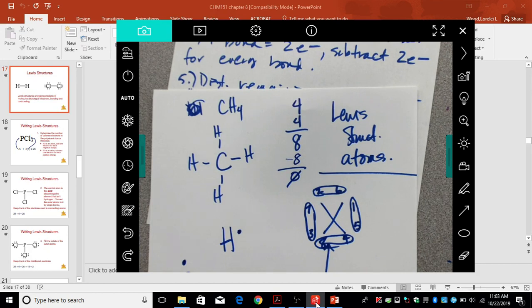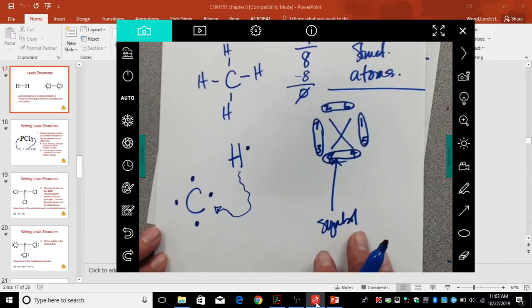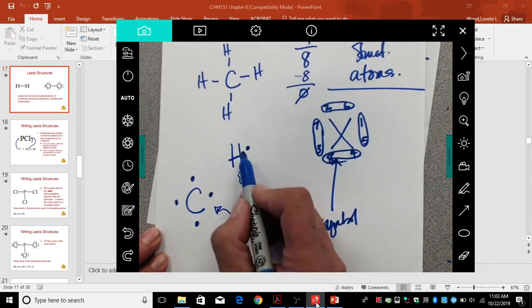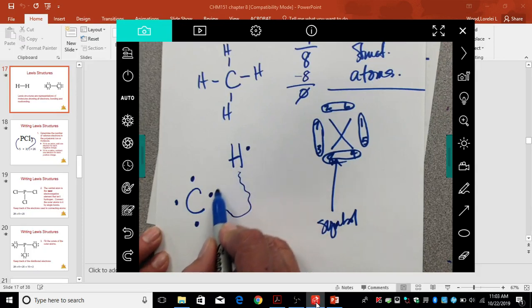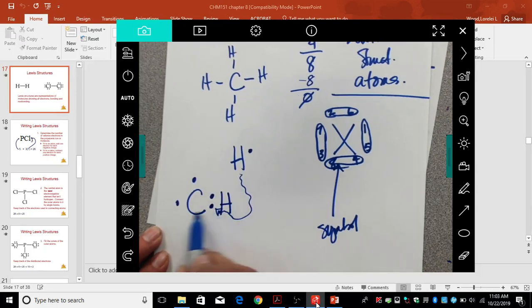So it makes sense that when hydrogen comes up here and wants to bond with carbon, that valence electron now is going to be here. Hydrogen is going to bond with carbon, and both of these electrons now are going to be circling around both of the elements. They're going to be spending more time around carbon because carbon is more electronegative, but they will spend some time around hydrogen. And this one does the same thing too. So they circle around both things.